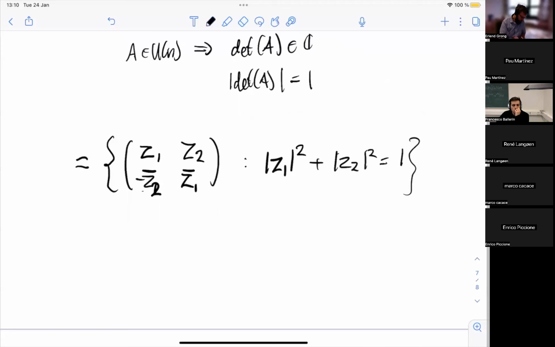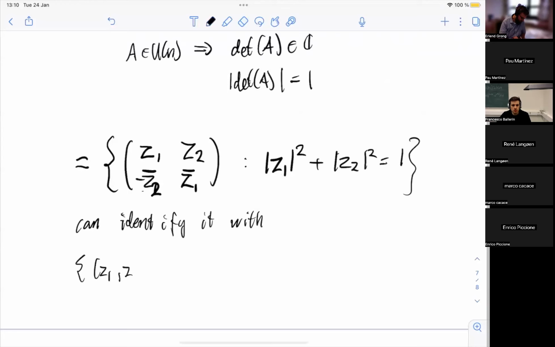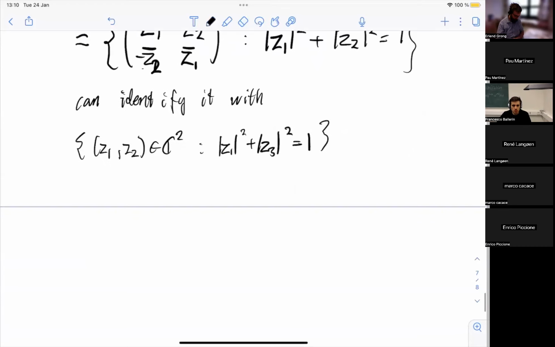And so as a space, you can identify that with the set of pairs in the complex numbers, so you can look at that as all of the complex vectors in C2 which have length 1, which you can look at as the 3-sphere inside of C2.